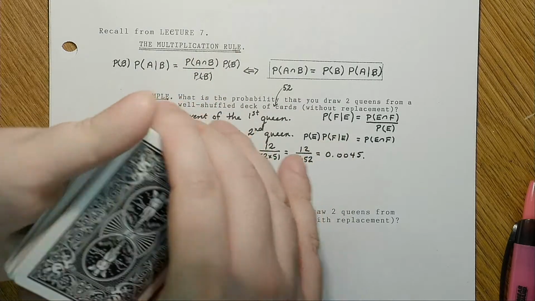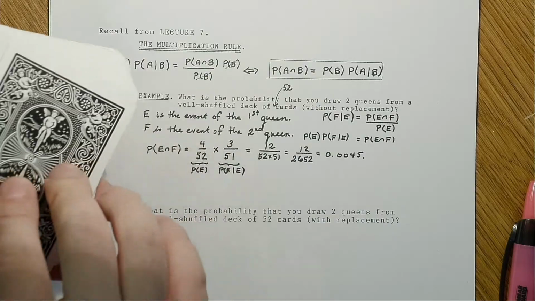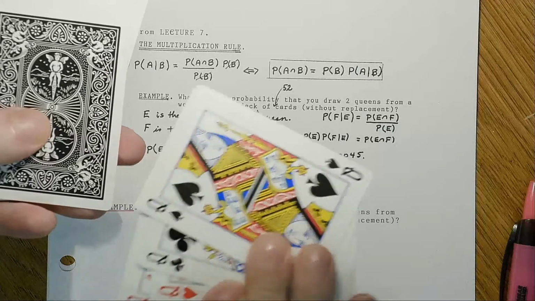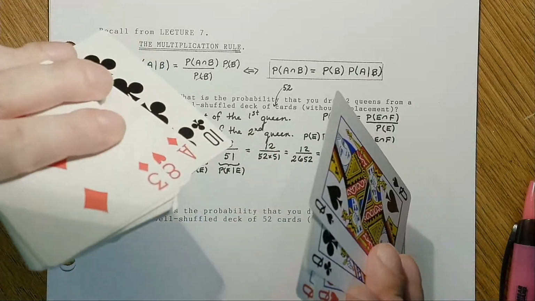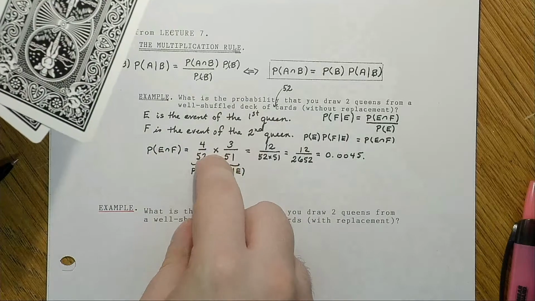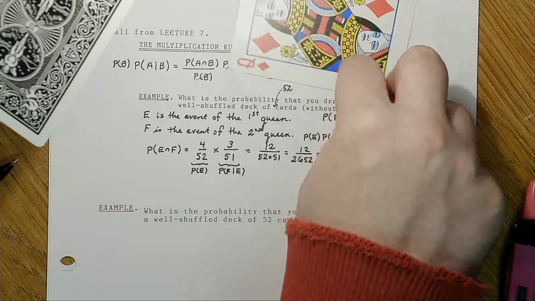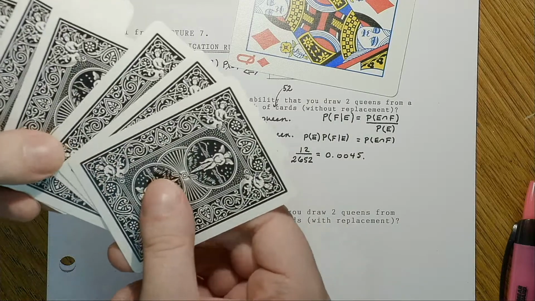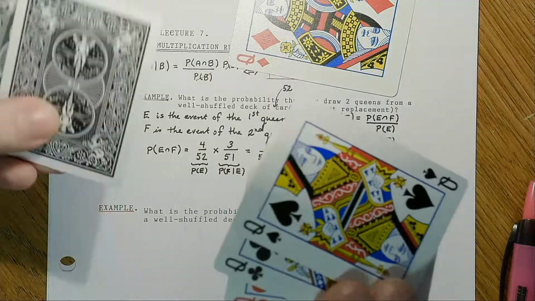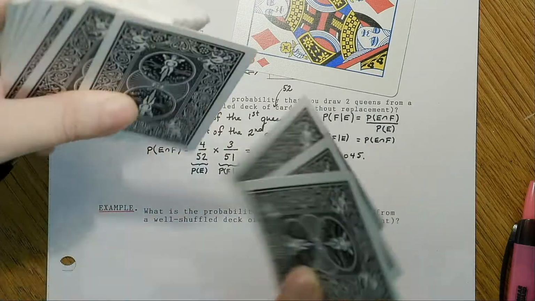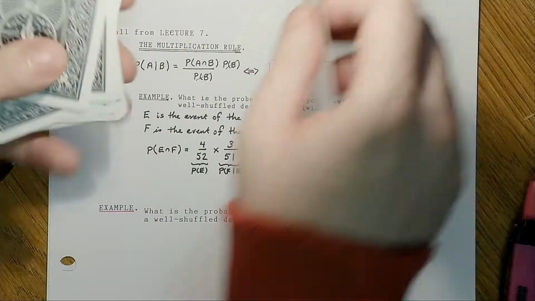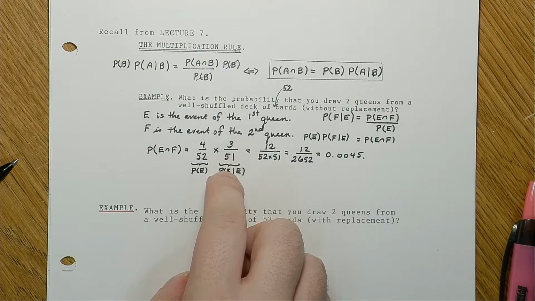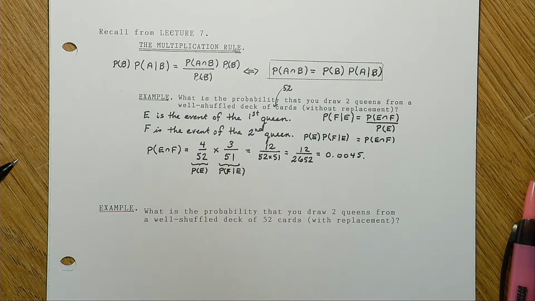The probability that I draw a queen on the first is 4 out of 52. If I draw one, the probability of a second queen on the second draw, well, there's 3 remaining, and there's 51 cards now. So again, the event F depends on E.